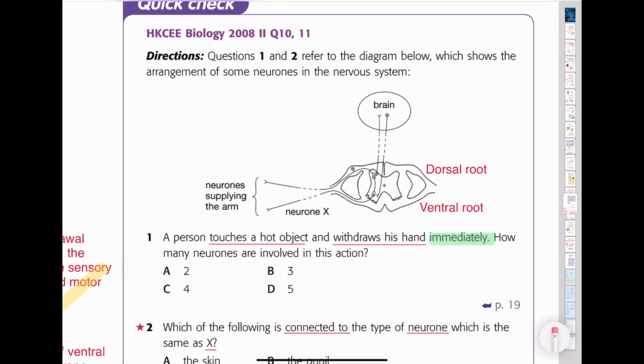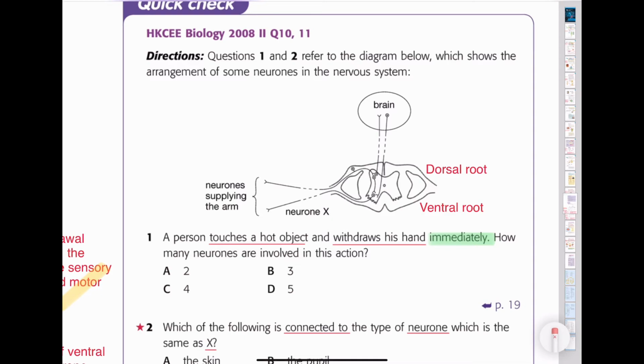So for these two questions, we are talking about the neurons in our nervous system, and we can see the spinal cord and our brain, and there are some neurons here. So for this part, the very first idea is that you need to distinguish the dorsal root and ventral root first. So for question 1, a person touches a hot object and withdraws his arm immediately.